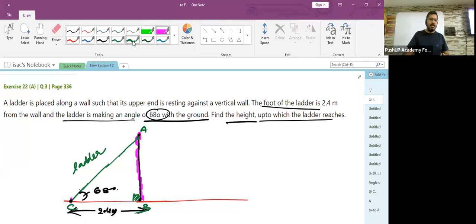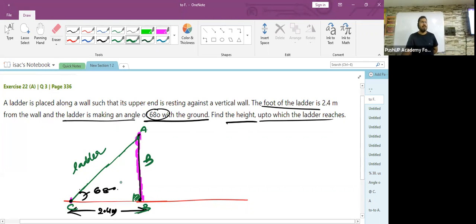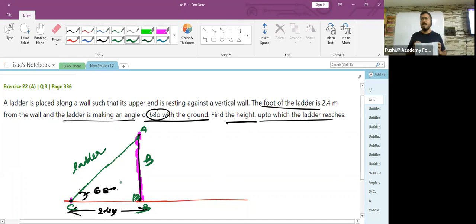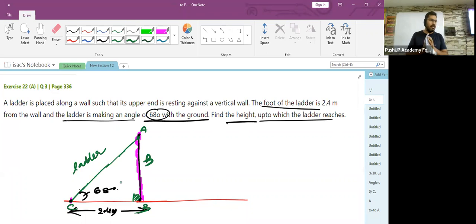So this is the question to be solved: the height of the ladder which touches the wall. Are you getting it, children? Some students get confused. They feel that you have to find the height or the length of the ladder, but don't fall into that, because they are not asking you to find the length of the ladder.